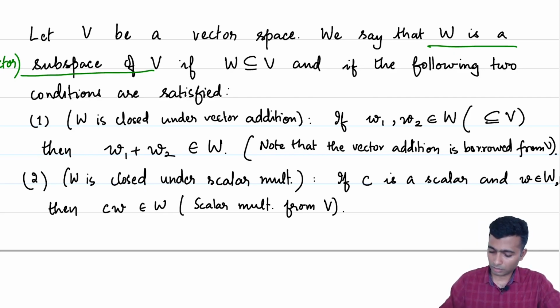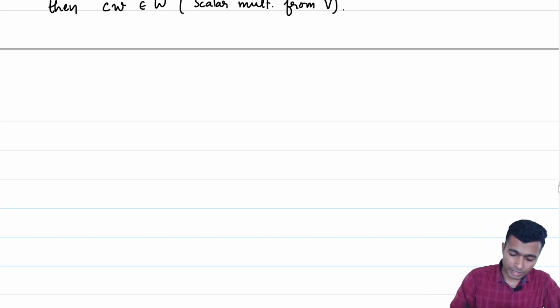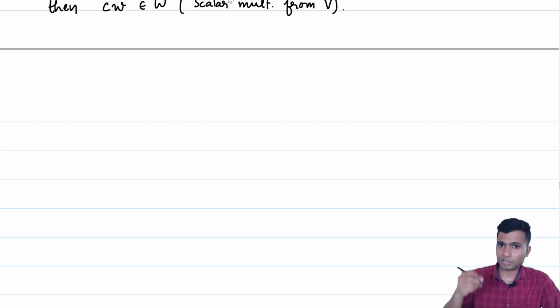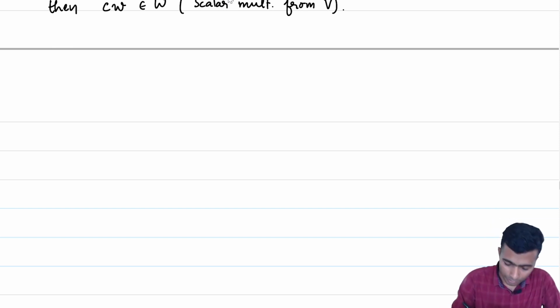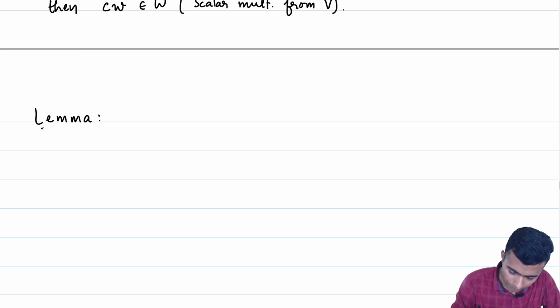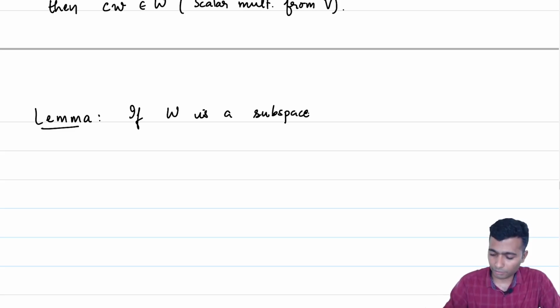All right. Let us look at some of the consequences. The first consequence is that if W is a subspace of V, then W is itself a vector space with the vector addition and scalar multiplication being the ones borrowed from capital V. So let me just state it as a lemma. I will slowly drop writing the word vector subspace and just write subspace. It should mean vector subspace.